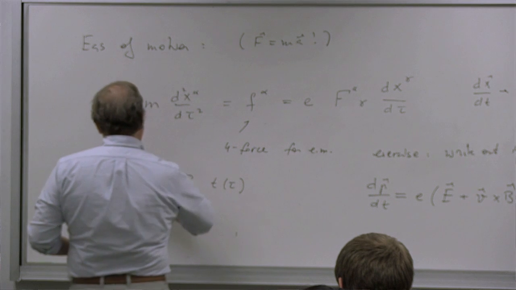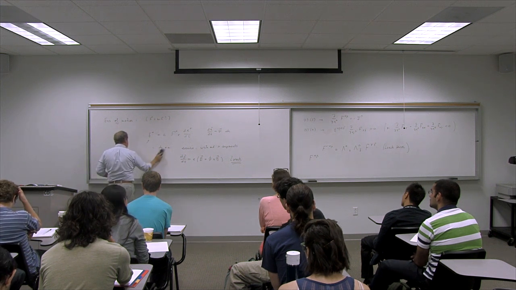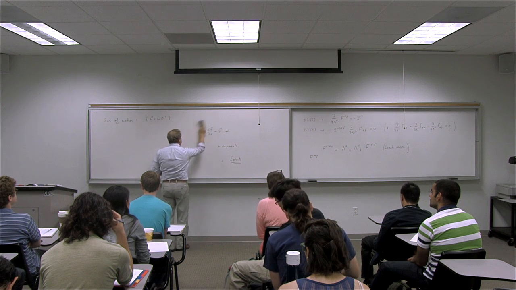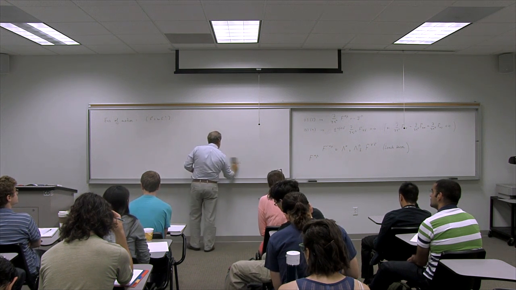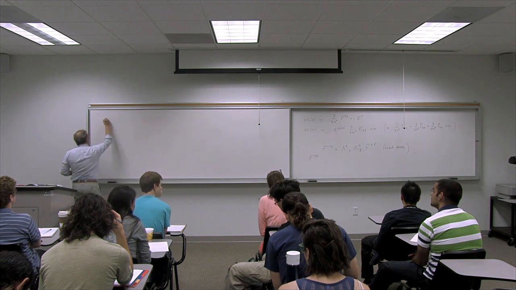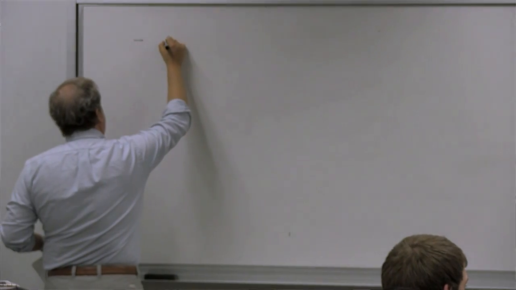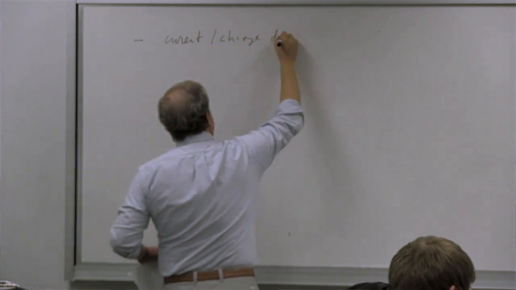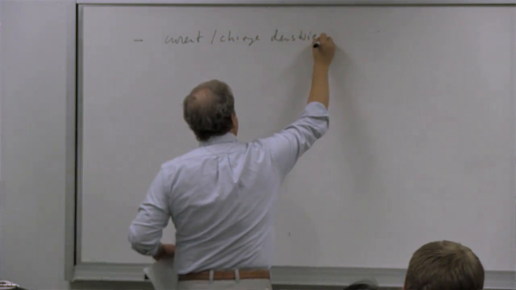So now we leave electromagnetism, at least for a few seconds, because we're going to come back to the electromagnetic field itself in a little bit. But let's discuss now. We talked about the current and charge densities, right?